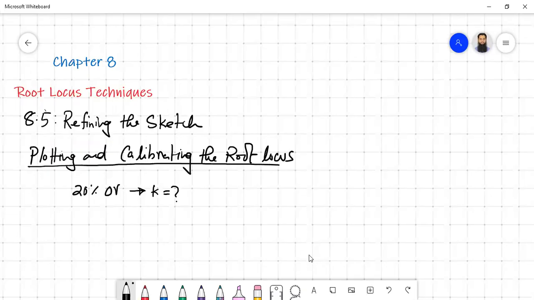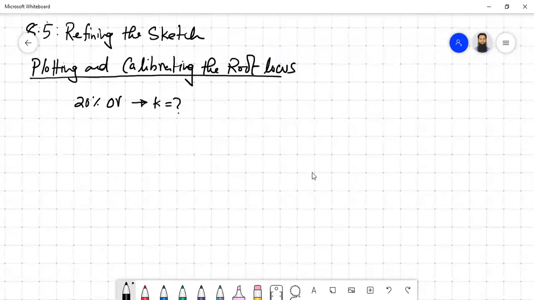After plotting the root locus, you have to search for the point that will give you 20% overshoot. So how can we start with solving a problem like this?